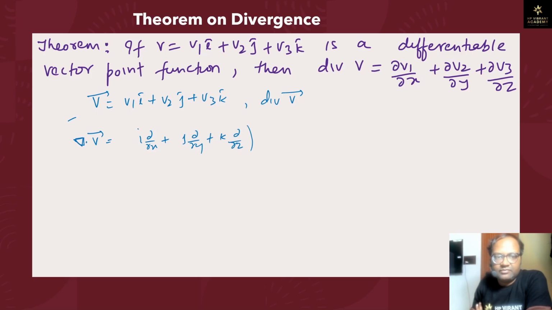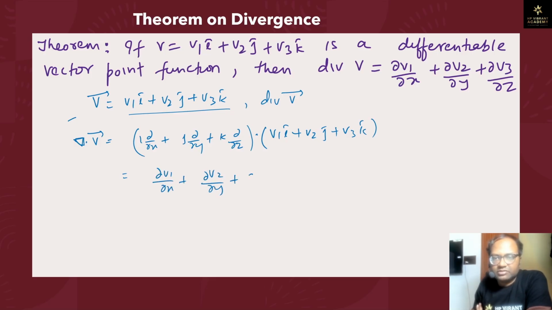Let us apply the divergence on the vector point function v1 i cap plus v2 j cap plus v3 k cap. From here we have del v1 upon del x plus del v2 upon del y plus del v3 upon del z. This is the divergence of a vector point function.